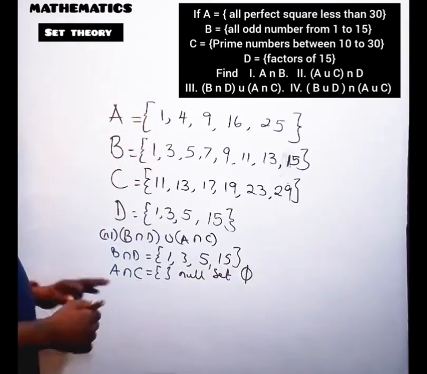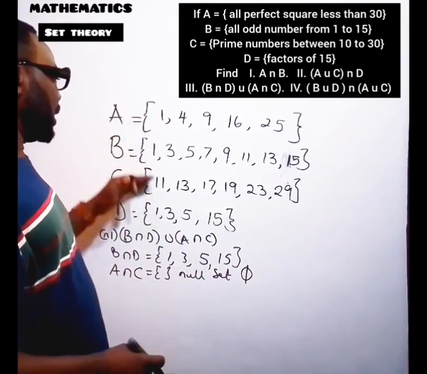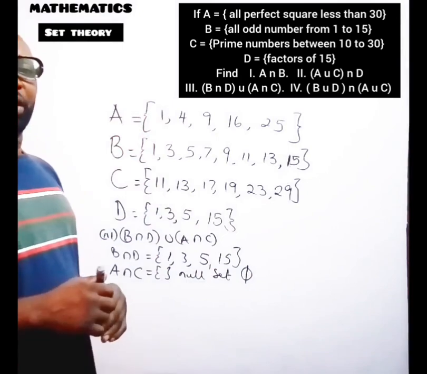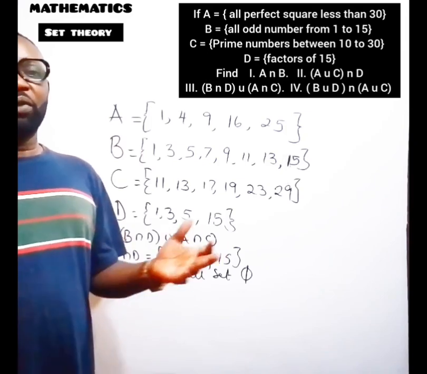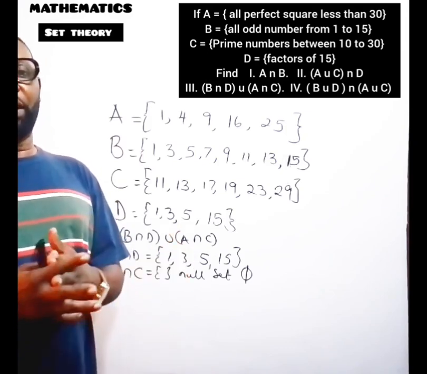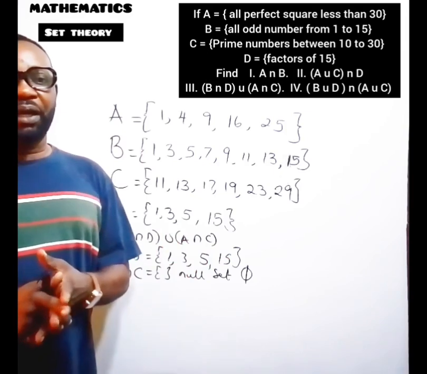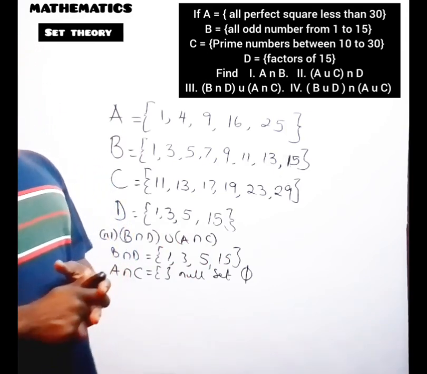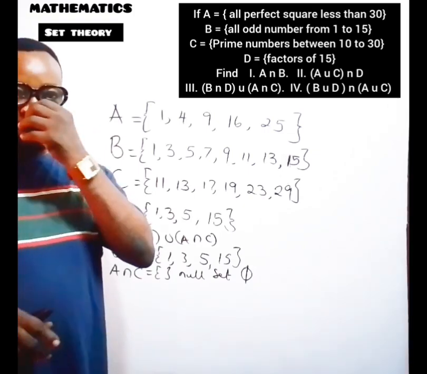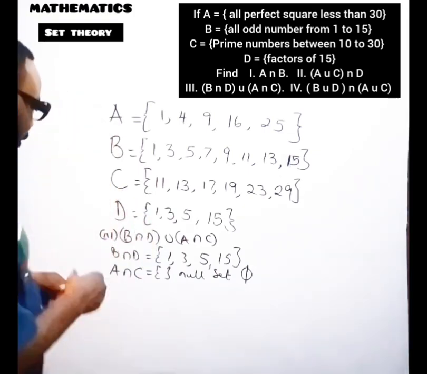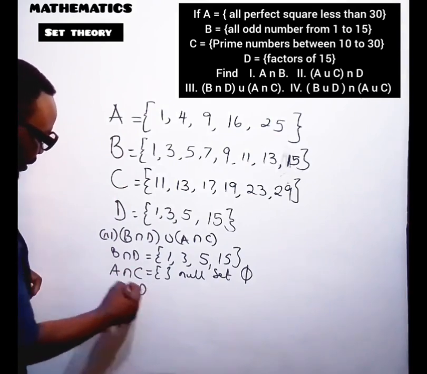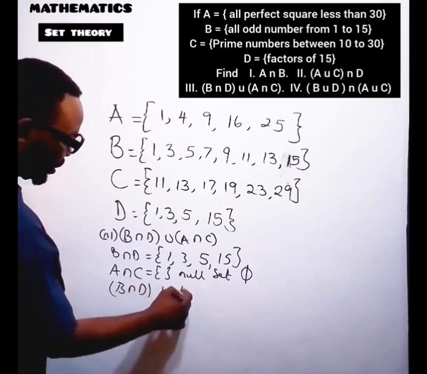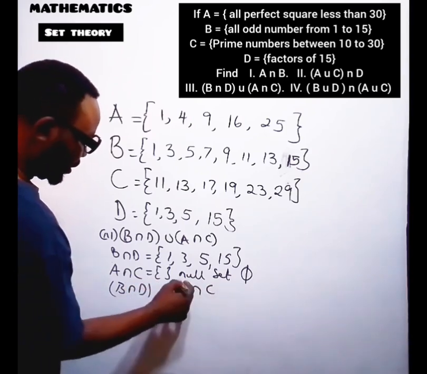There is nothing that is common between the two of them. Now, when it's a null set, we can bring the value to be the value of B intersection D union A intersection C.